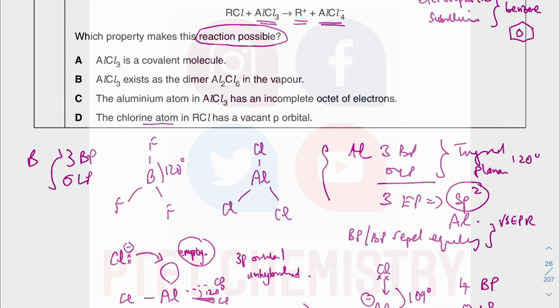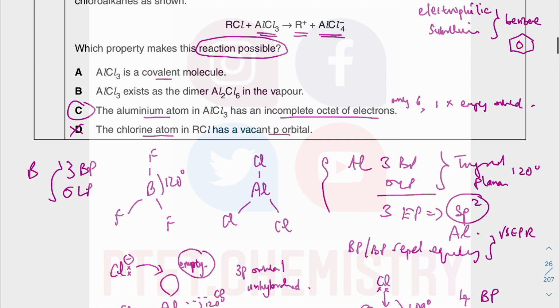So it is not the chlorine atom that has the vacant p orbital. It is the aluminium atom with an incomplete octet of electrons, only 6, so it has one empty orbital. It has nothing to do with the fact that it is covalent, or that it can exist as a dimer in the vapor phase.